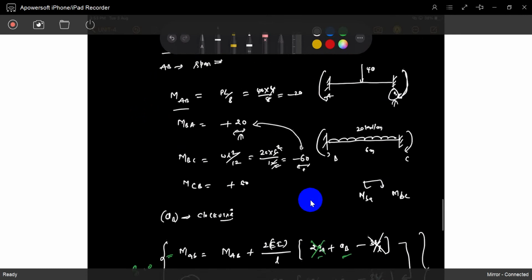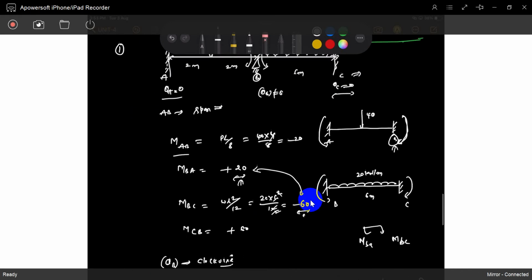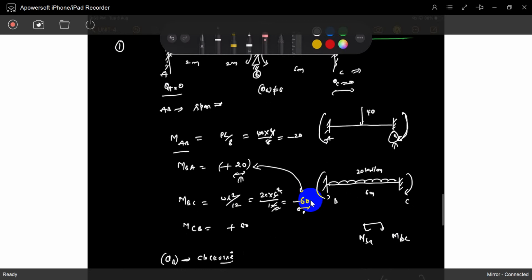For the BA span we calculated like this, and for the BC span we calculated like this. For BA span we took plus 20, for BC span we took minus 60. Same joint B, but one time we calculated clockwise, one time anti-clockwise.